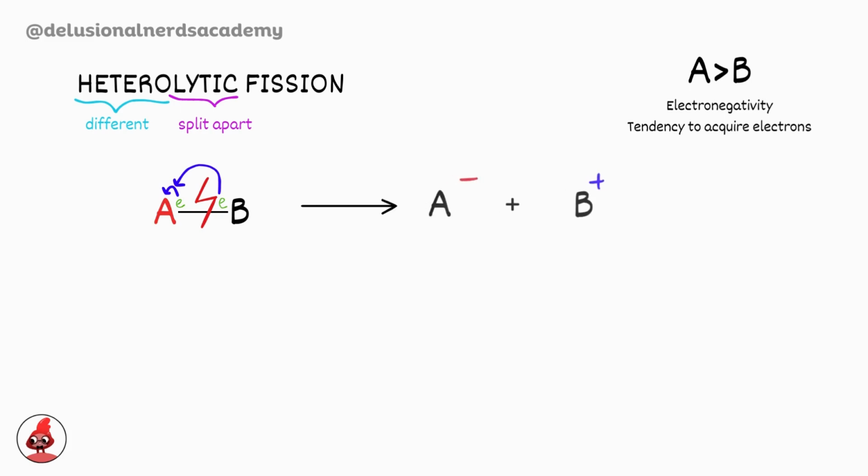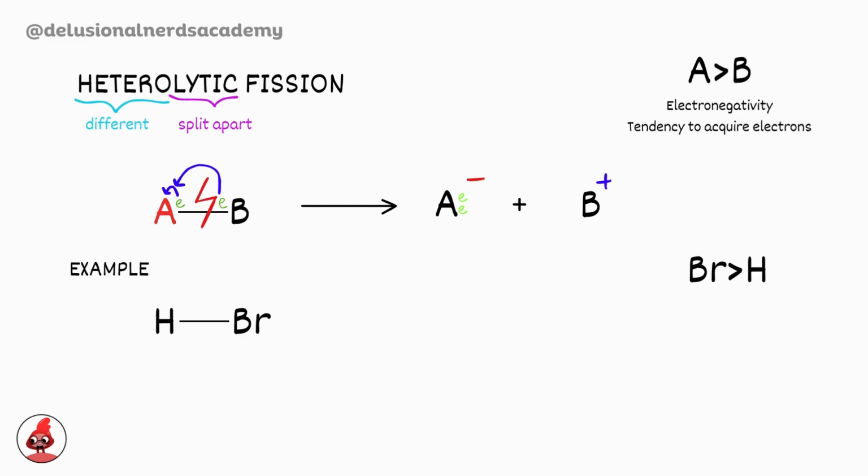That's how A gets a negative charge as it gains electrons, and B gets a positive charge as it lets A take its electron as well. Example, hydrobromic acid. Bromine is more electronegative than hydrogen. So when the bond breaks, the electrons get attracted by bromine and it gets a negative charge. The hydrogen atom gets a positive.